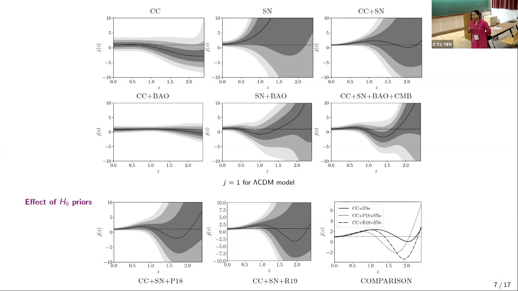So it is possible that j might have a non-monotonic evolution. To check the effect of different values of H0 from the Planck and Riess priors, we have done the reconstruction of j for the Hubble and the supernovae data, and we have compared all the results of all three. We find that there is not much of a significant difference in the results.